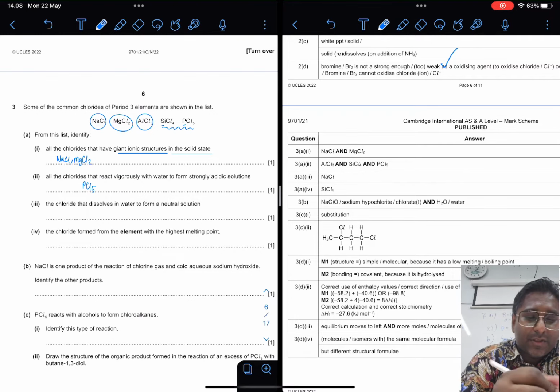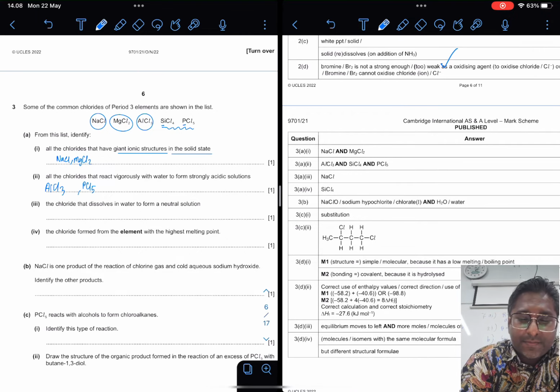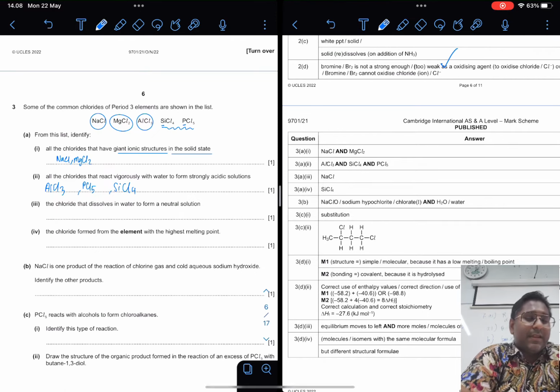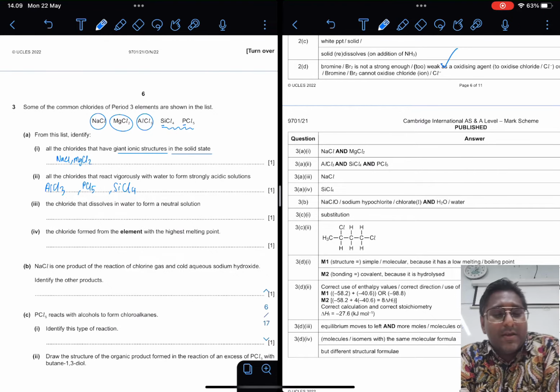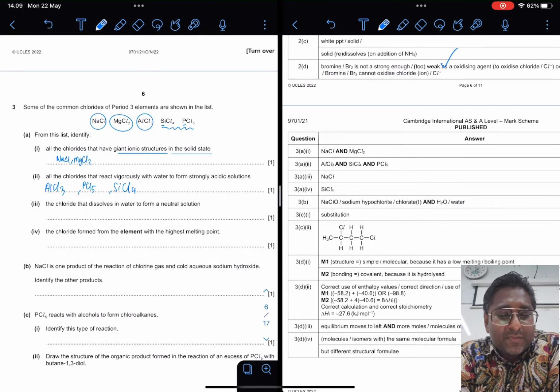All the chlorides that react vigorously to form an acidic solution: this one is going to be AlCl3, PCl5, and SiCl4. They will actually give you HCl. All of them react vigorously with water to form a strongly acidic solution.